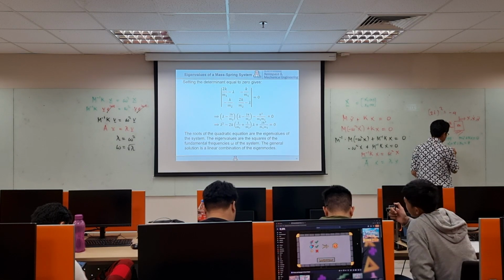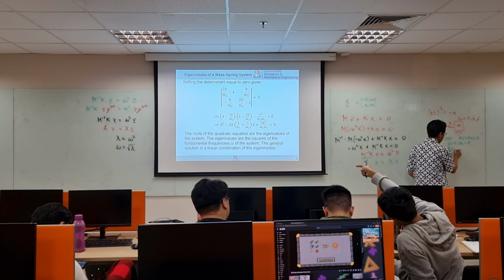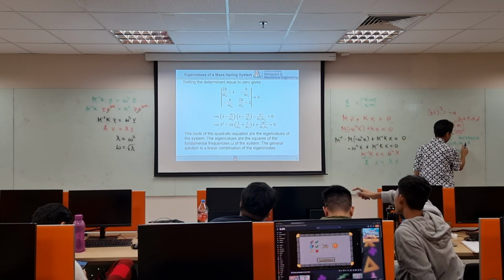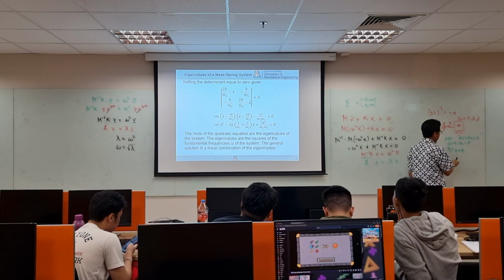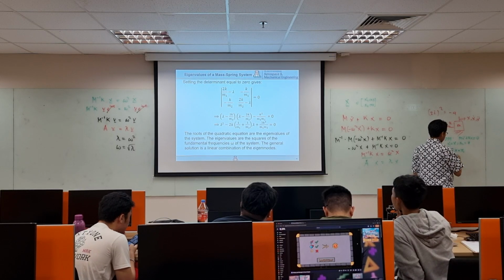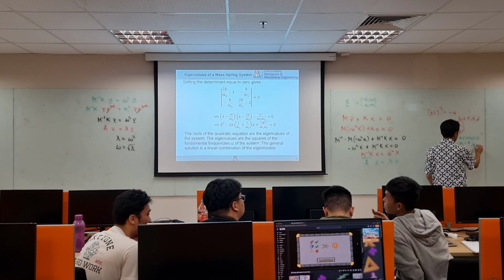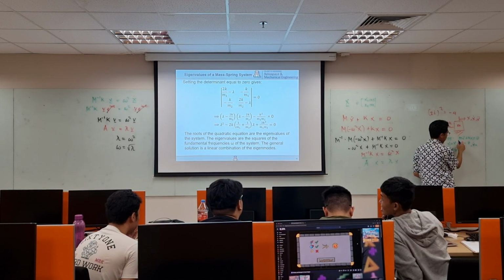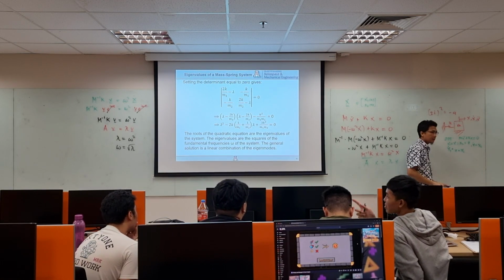So if I take x1 and take the dot, it will be x dot, agree? And it will be x2. Same, yeah? And then after that, I will just express this equation, x double dot. What is x double dot in here? If I take the 2 dot here, I put the 1 dot here, right? Agree?